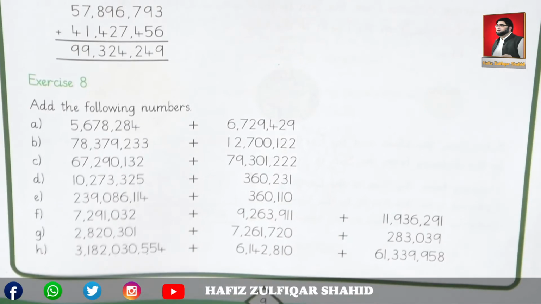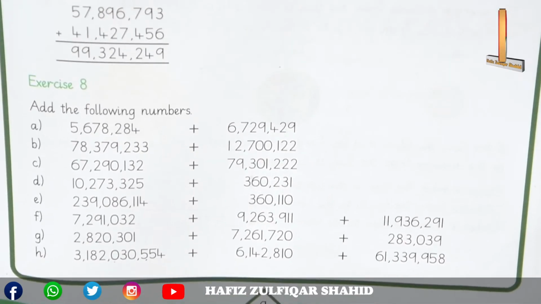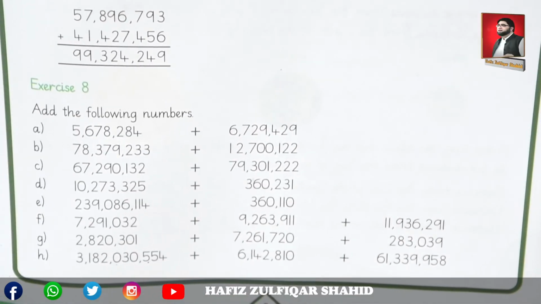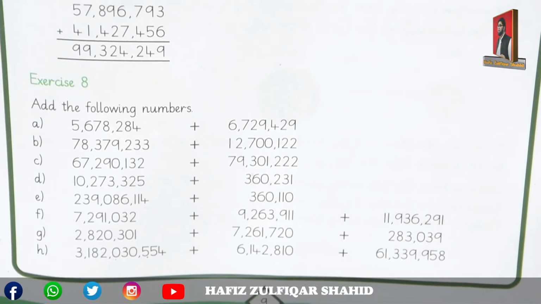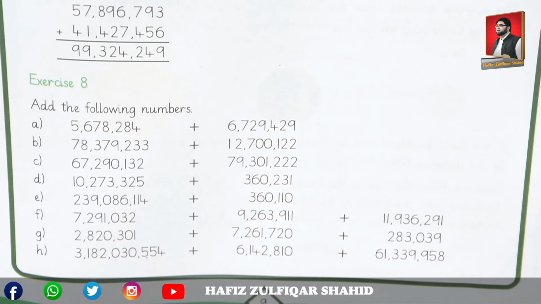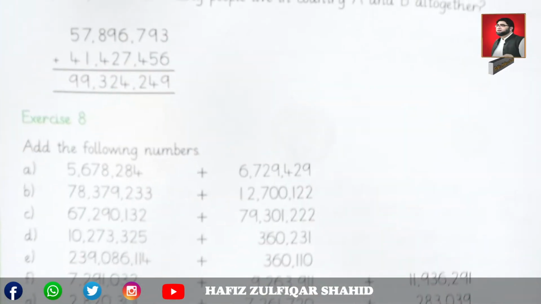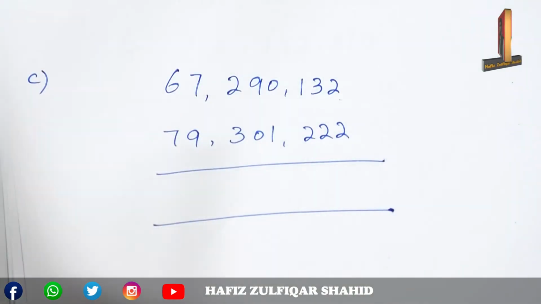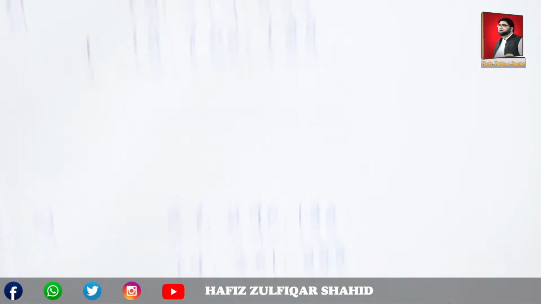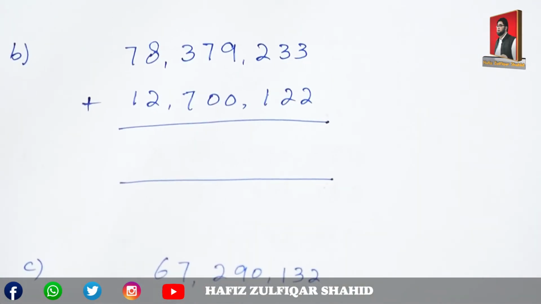Do you remember when we add numbers, we start from the units column, then we move to tens, and then hundreds, thousands, and 10,000s, and so on. So let's start exercise 8, addition.